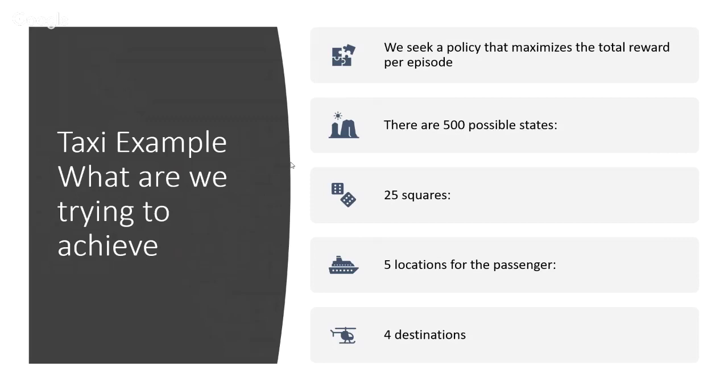So once again, there are 500 possible states. There are 25 squares that it can actually go on, 5 locations for the passenger and 4 destinations. Think about that a bit before you look at the taxi challenge, and conceptualize the actual problem itself rather than just writing code you don't understand.